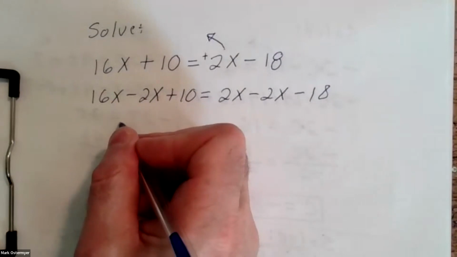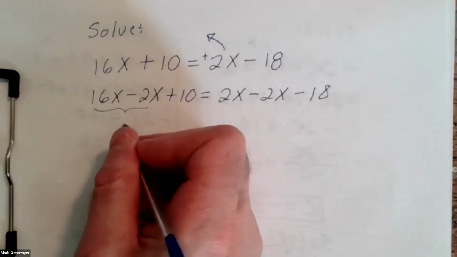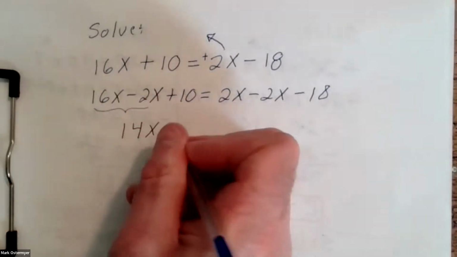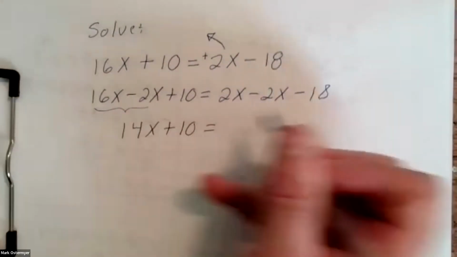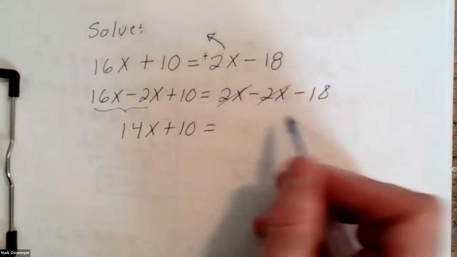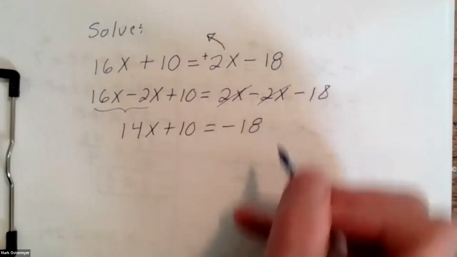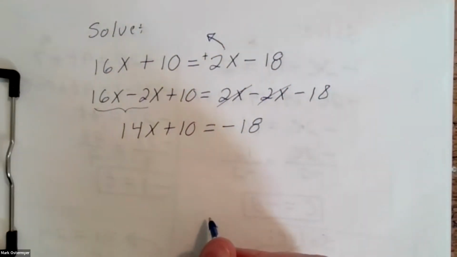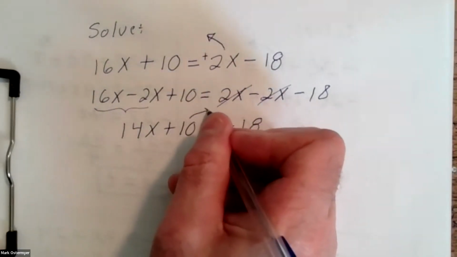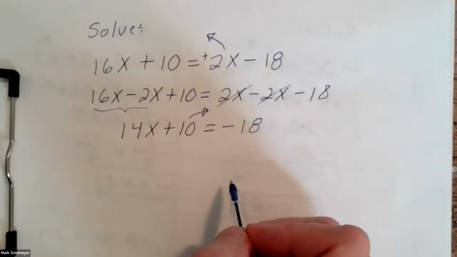16x minus 2x, as we combine these like terms, gives us 14x. 2x minus 2x on the right side of the equation, these 2x's cancel out, leaving you with -18. And now we're back to a familiar equation. Continuing to separate, I need to move this constant 10 over to the right side to join the constant -18.